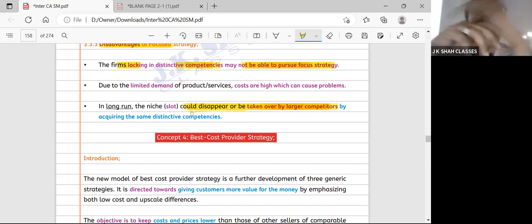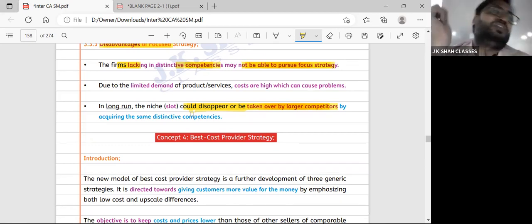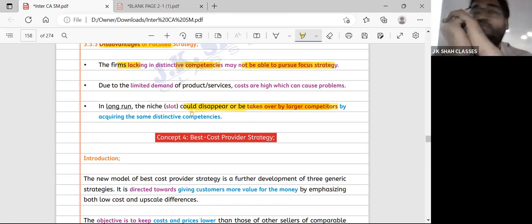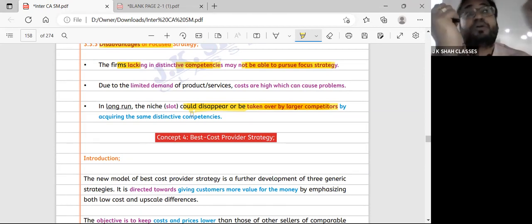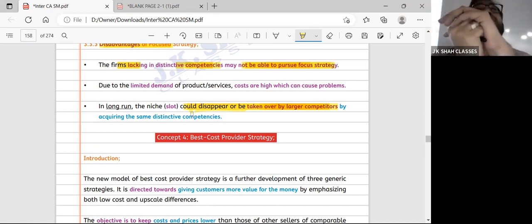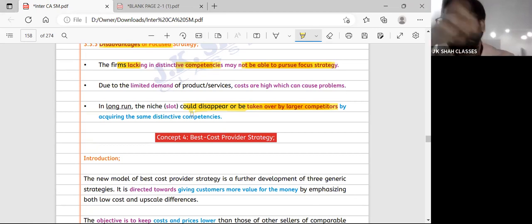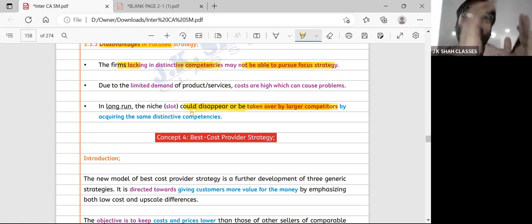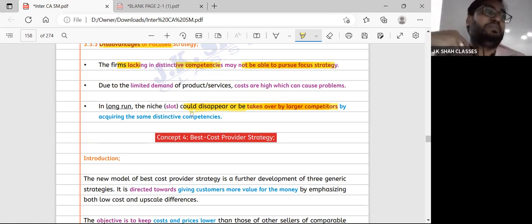In the first year, you will have only one client and that client is paying you, let's say, annually 3 lakh rupees, 25,000 rupees per month. But the rent of the property, the salary, etc., everything added together is 12 lakh rupees. So what is happening here? Cost is high. So this can be a problem in the initial years. Why? Because there is limited demand. But once you gain popularity, sky is the limit.